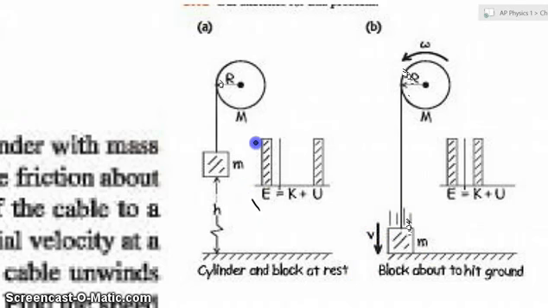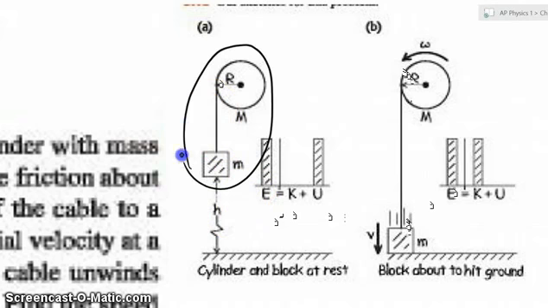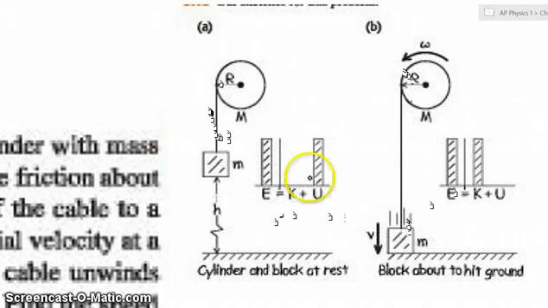Here we've got a really quick sketch of bar graphs of the energy. The total mechanical energy in this situation is conserved since the only force acting on the system, where we define the system as the block and the pulley, is gravity, which is a conservative force. Initially, we start with some amount of potential energy.